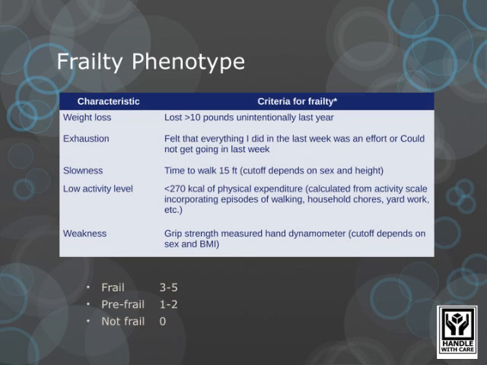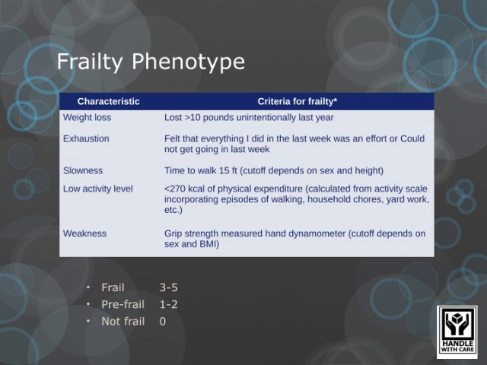So here's the phenotype that I was telling you about. It has 5 variables, and you measure each of them. If somebody has 3 to 5 of them, they're frail. If they have 1 to 2, they're pre-frail, and if they have none, they're not. So that seems pretty good, right? Well, it gets a little bit more complicated. Weight loss is not too hard; we can ask someone if they've lost more than 10 pounds in the last year.